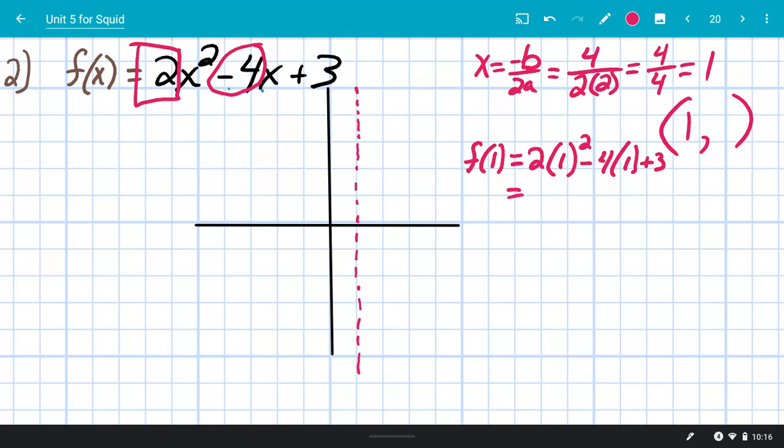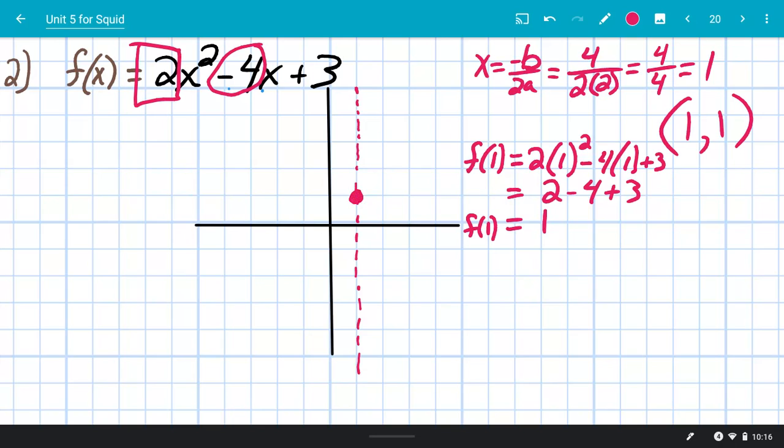Well, 1 squared is 1. 2 times 1 is 2. Negative 4 times 1 is a negative 4 plus 3. 2 minus 4 is negative 2 plus 3 is a positive 1. So f of 1 is 1. Cool? What is my vertex? 1, 1. Plot that point.